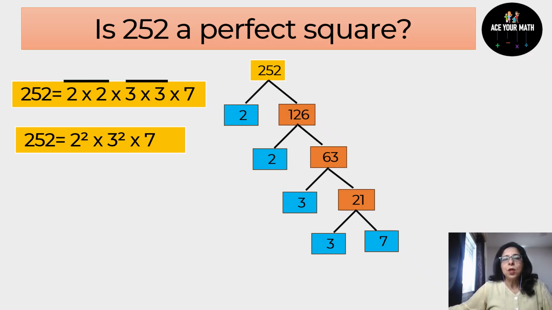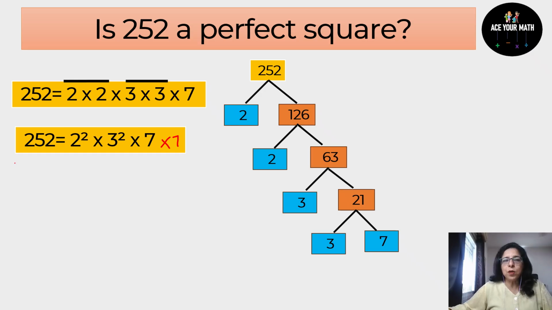If so, one can ask you by which number you should multiply 252 to get a perfect square. So if you want to make this number a perfect square, by which whole number you can multiply? So you need to just make the pair of 7. So if I multiply this whole number by 7, this will also become 7 square.